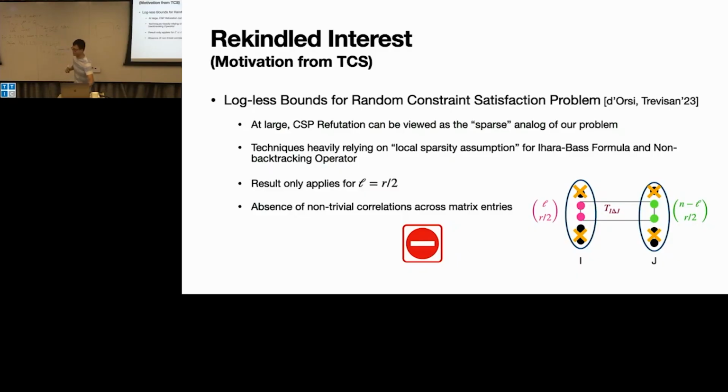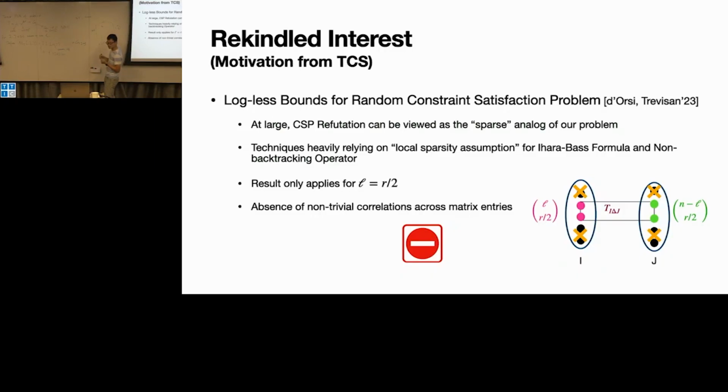Let's look at r equals 4. Maybe look at 4-XOR, random 4-XOR. For random XOR, the corresponding matrix you care about is this n squared by n squared matrix, and you only have a ±1 sign if there is a clause on i, j, k, l.